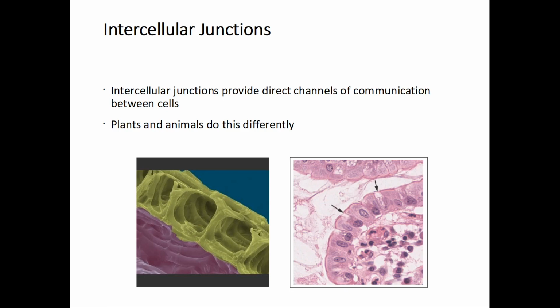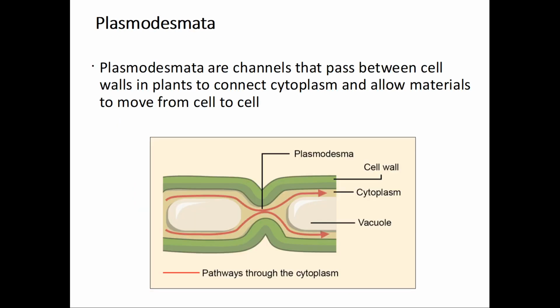All right, intercellular junctions. These are channels between adjacent cells that allow for direct communication between the two cells. Plants and animals both have these, however, they do it differently. Plants have plasmodesmata. Right, we saw this earlier in an earlier slide. These are the pores inside of the cell wall.